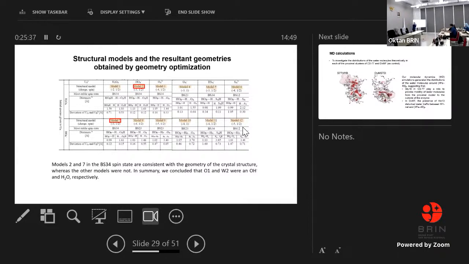So this means that this model is much more accurate compared to the other ones. So we conclude that the oxygen one is the hydroxide, or OH minus, and the W2 is the H2O. Okay, so these are the results from the initial calculations that we get.